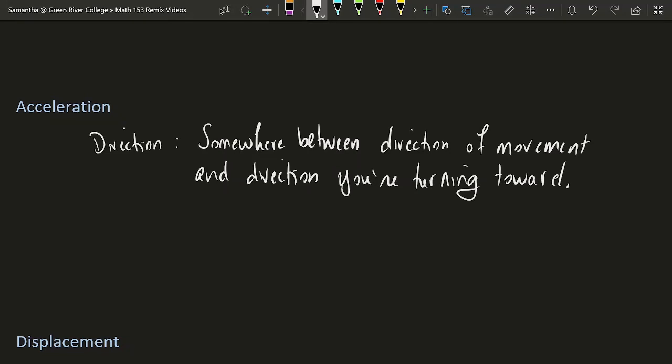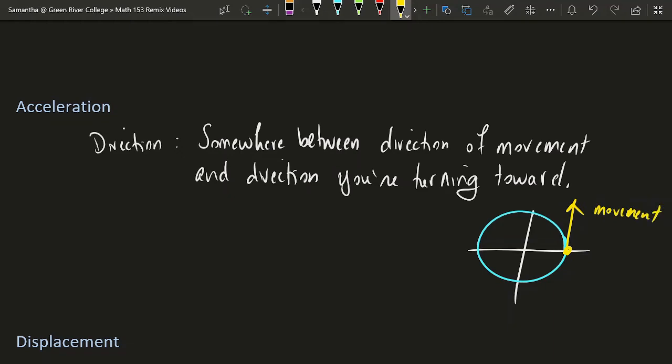For example, if you had an object that was moving on a circular track, then the direction of movement at this instant is indicated here in yellow. At that instant, it's moving straight up. And the direction of turning, it's turning to the left at that instant. So the direction of turning would be indicated in green here.